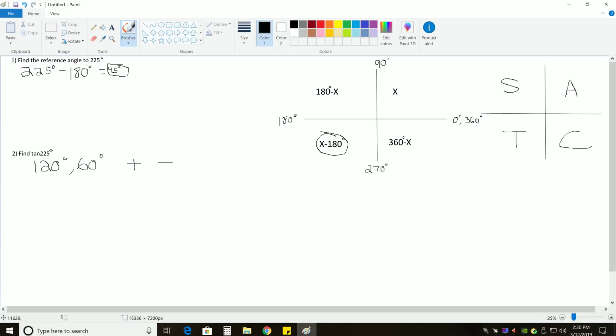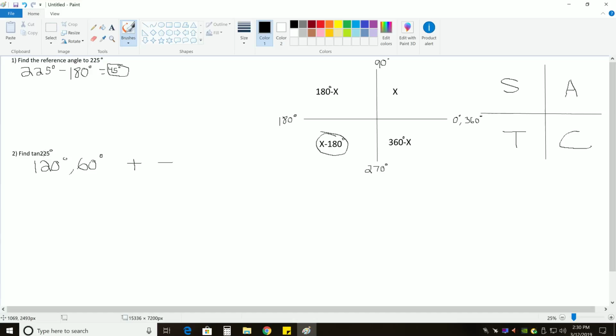If it's located in quadrant 1, then no matter what happens, our trig function will be positive. If it's located in quadrant 2, then only sine will be positive. If it's located in quadrant 3, then only tangent will be positive, and in quadrant 4, only cosine will be positive.